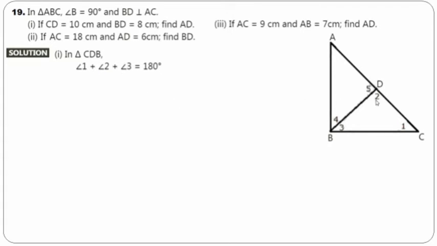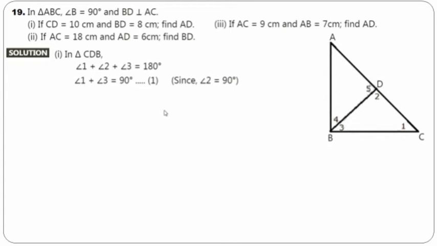And angle 2 is 90 degree, so we get 180 minus 90, which is 90 degree. So angle 1 plus angle 3 will be equal to 90 degree, and let me call this equation number 1.